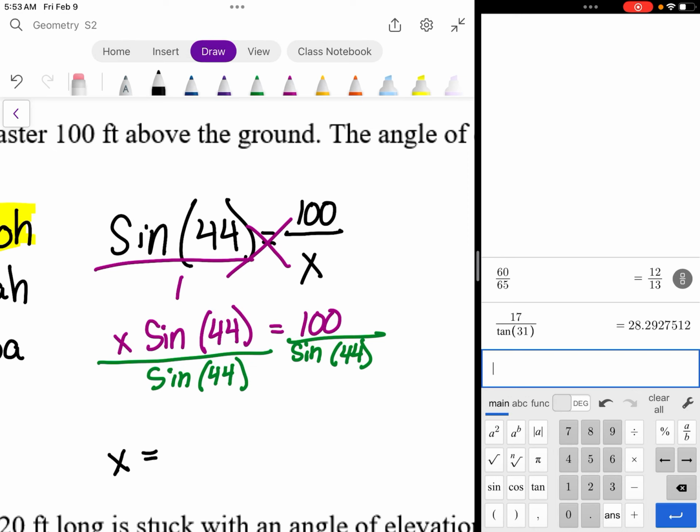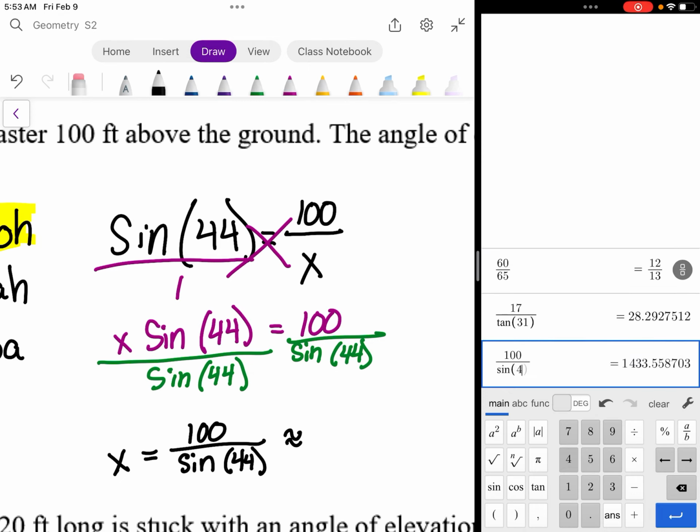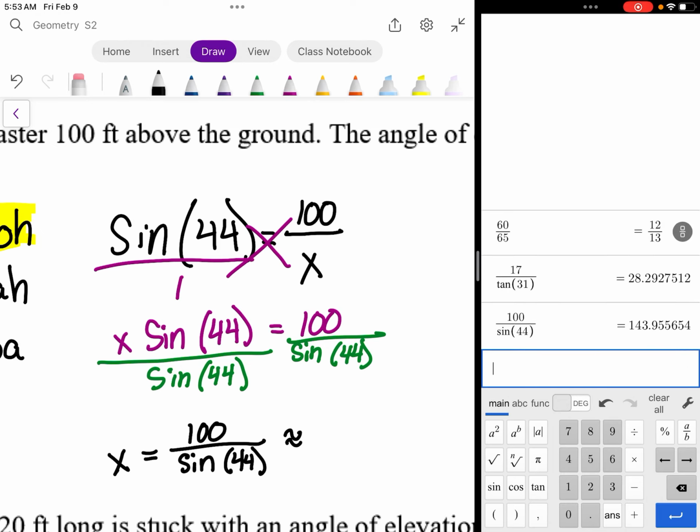Once x is by itself, then you are able to type this into a calculator. So you don't want to use the calculator until the very last step. So on your calculator, you're going to type 100 divided by the sine of 44. And when you type that in, you want to make sure that the sine of 44, you have those parentheses around the angle measurement.